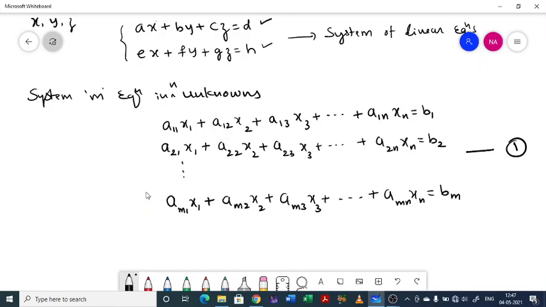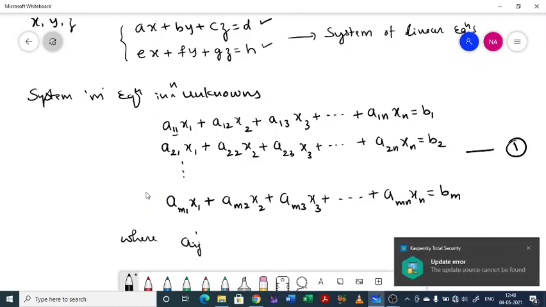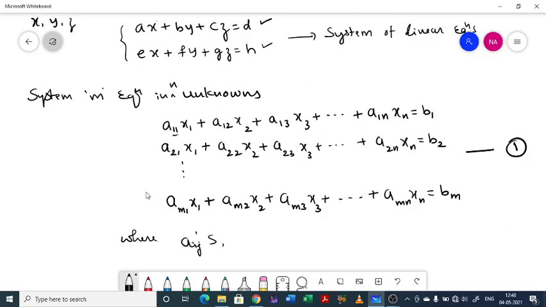Here we have a11, a12, a13, where each has two subscripts. We can call them aij's, and also b1, b2, and so on, bi's. The values depend on i. So the aij's and bi's are constants.